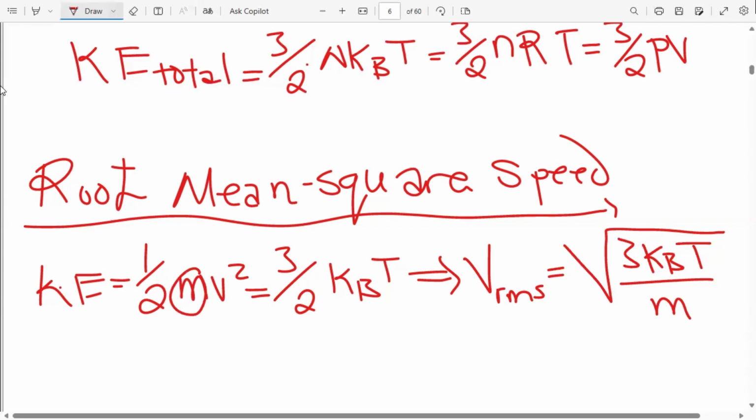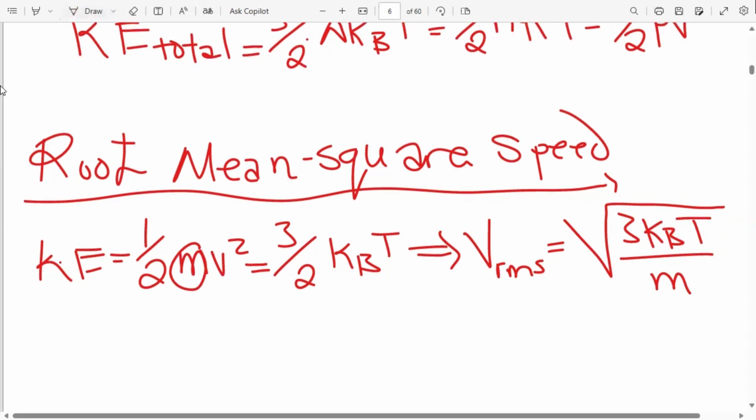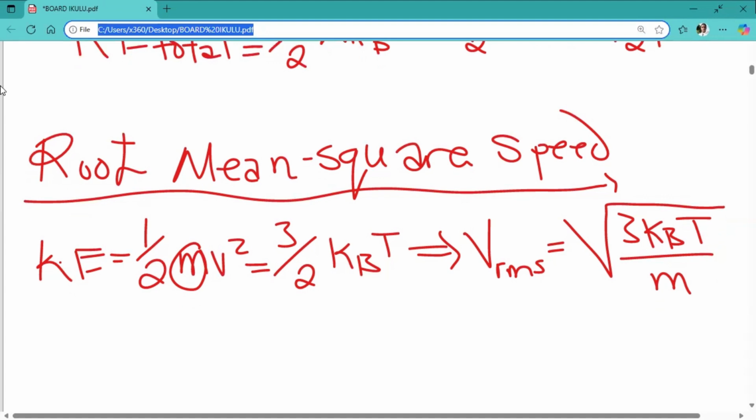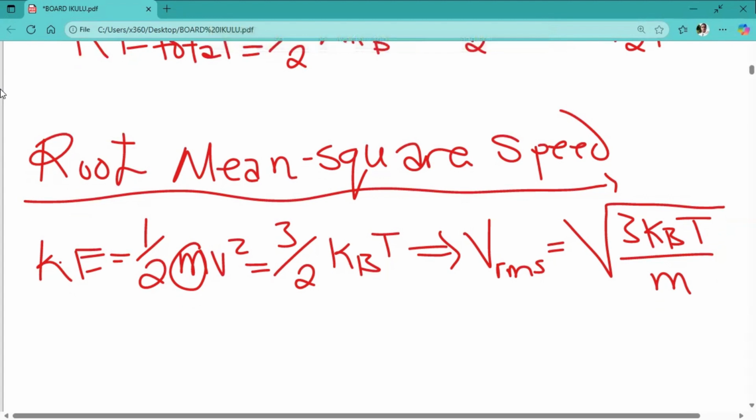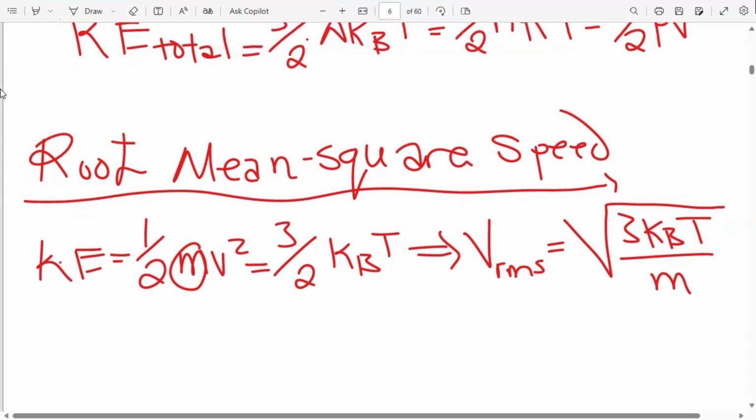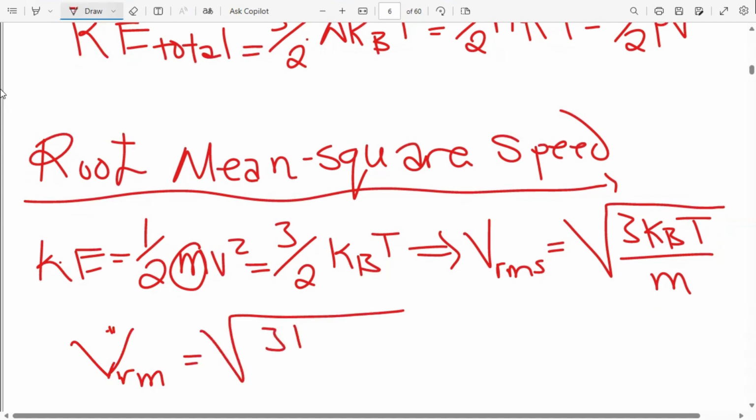What about when you've been given moles of a gas? How is this formula going to look? When given moles of a gas, this formula is also going to be related to moles. We're going to say our root mean square velocity will be equal to the square root of 3 RT over m, where m is the molar mass of the gas in kg per mole.